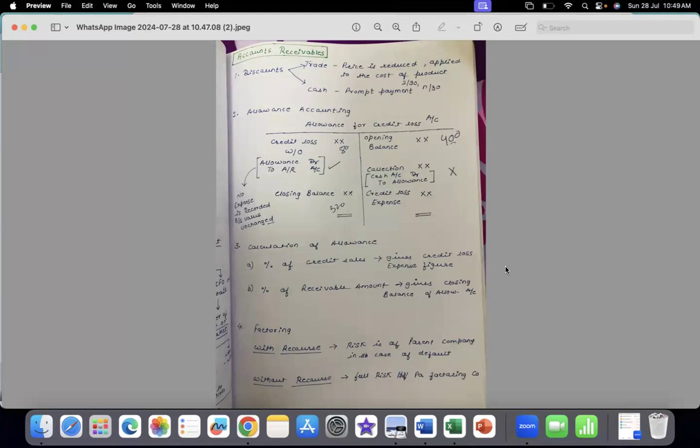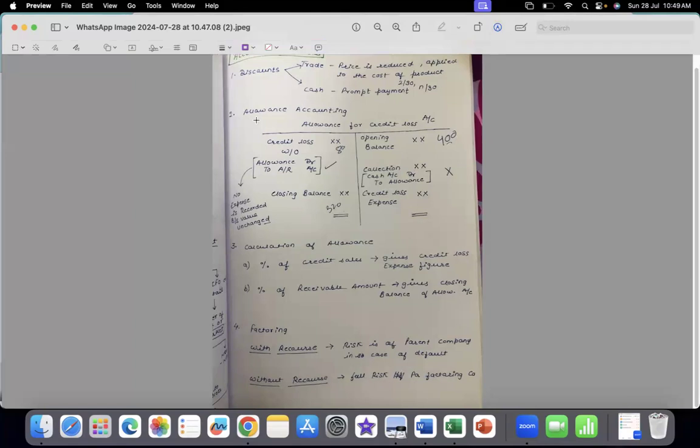Every point given to you is written in the notes. And if you see right here, I have written an example of 80, 320, 400. What it means is, when I solved multiple questions, I used this format to solve it. And every time I got a 100% correct answer from it.